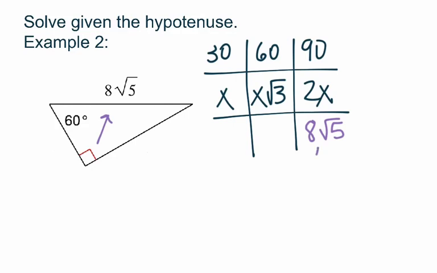Okay, so we are going back to the 30-degree column. We always want to return there before solving for any other piece. So we need to divide because we're going from right to left. So 8 square root of 5 divided by 2. And then we have 8 divided by 2 is 4 square root of 5.